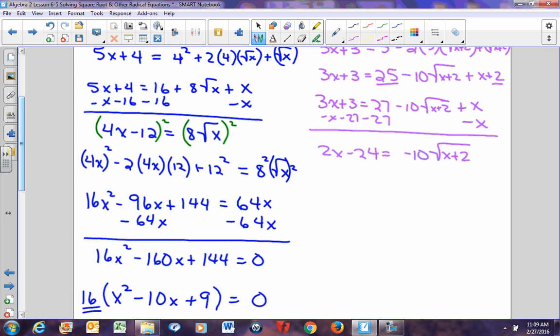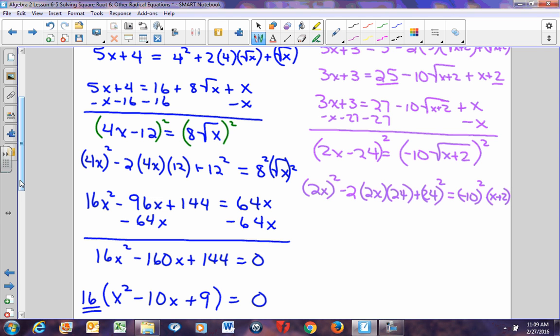Now we've got to square both sides again. So this becomes 2x quantity squared minus 2 times 2x times 24 plus 24 squared. And that's going to equal negative 10 squared times x plus 2, because you just distribute that squared 10 into the x plus 2.